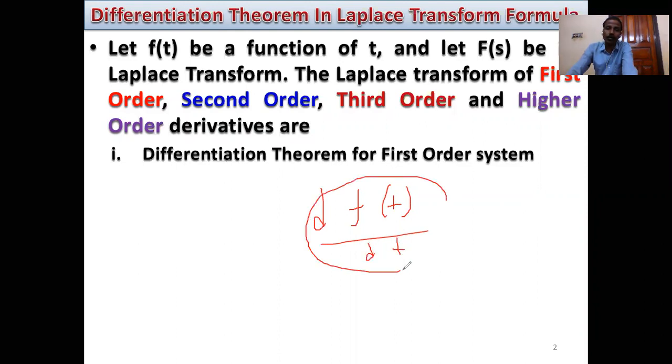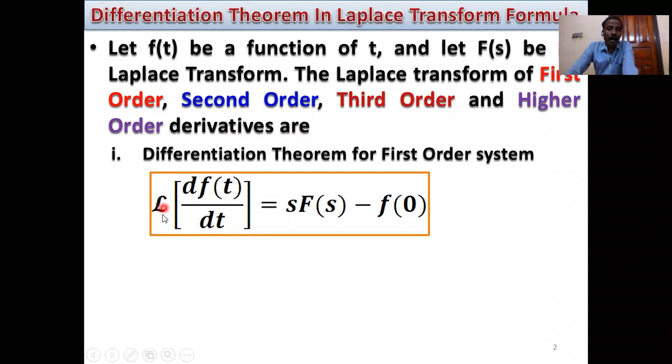So the Laplace transform of first order differentiation: this is the f of t function and df of t by dt is called the differentiation theorem of first order systems. And this equals s into F of s minus f of 0.